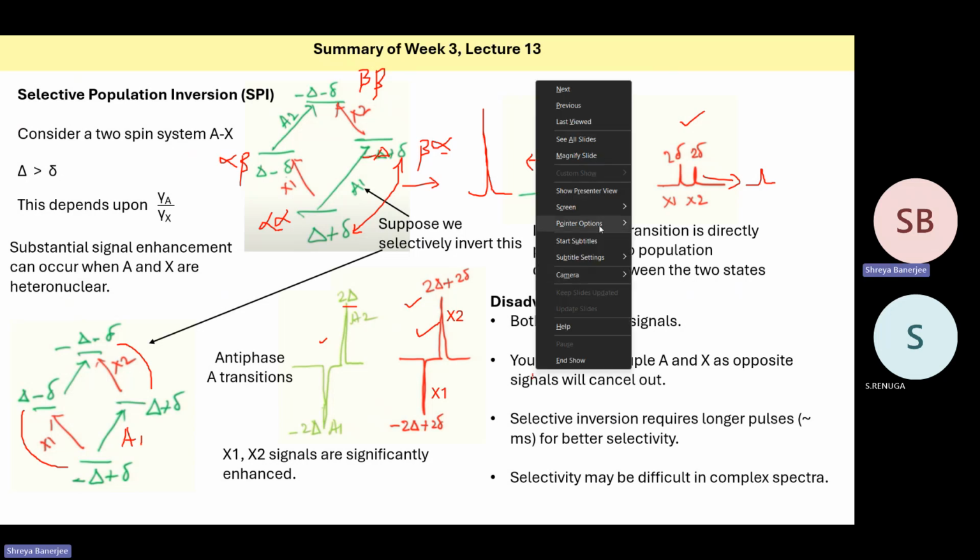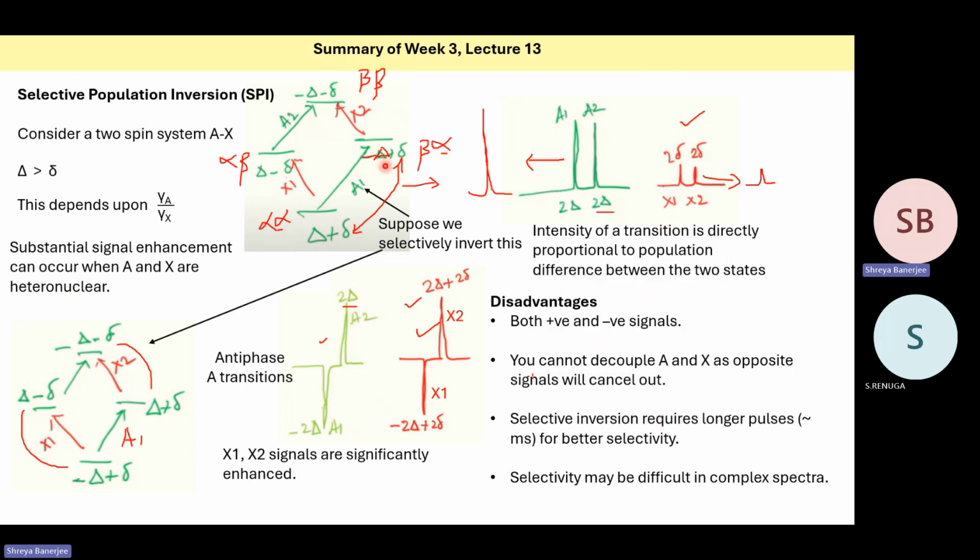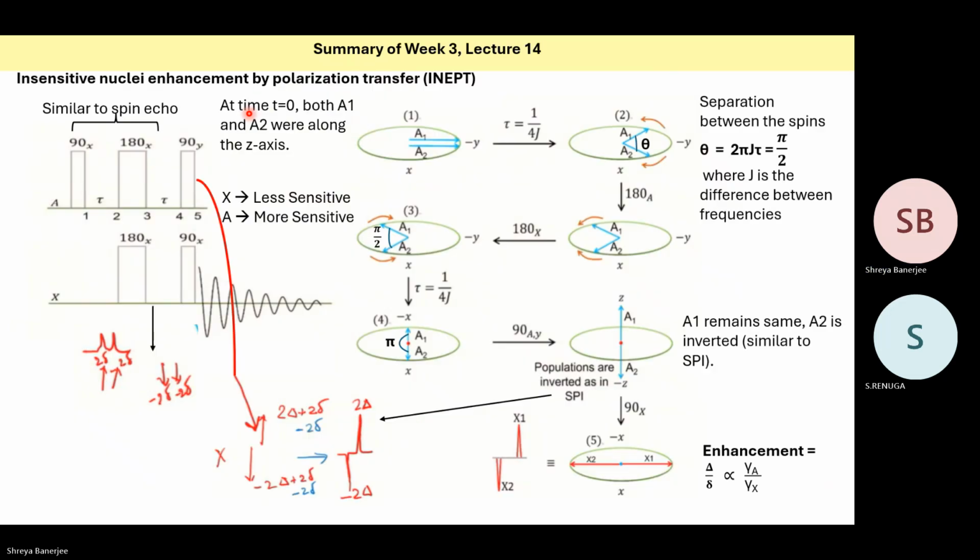Secondly, this kind of selective inversion requires long pulses. And finally, this selectivity may be difficult in complex spectra. So here there are only 4 energy levels. You can selectively invert the population of 2. But suppose there are 10 or 20 energy levels, then it is very difficult to carry out this kind of selective population inversion.